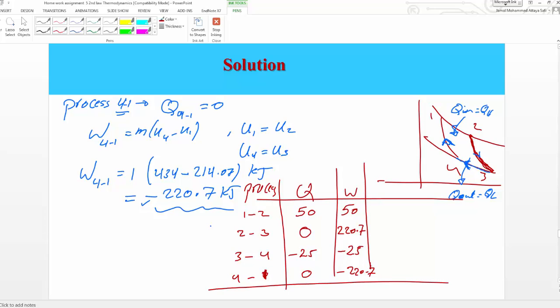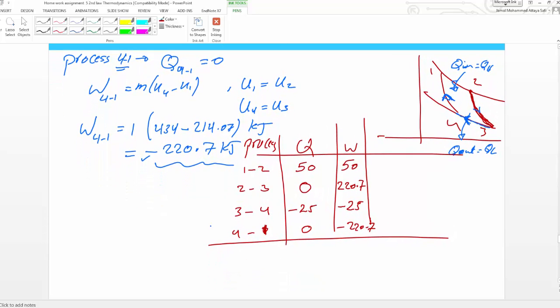And for the whole cycle now, if you take the summation here and the summation here, they should be equal, because we said Q for the cycle equals work for the cycle. If you take the summation here, you'll find it is positive 25, and the summation here is also 25.